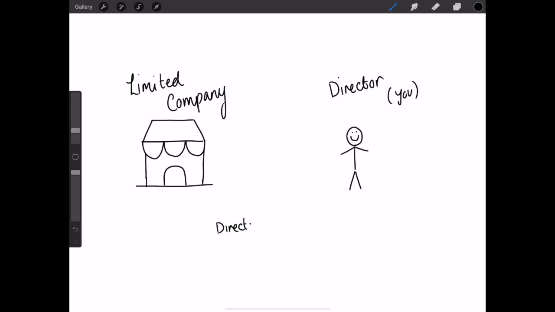That's where the director's loan comes into play, and that's where you should hopefully be able to understand the benefit of the director's loan. You see, let's take the same scenario, but as part of the limited company, we're now going to have our director's loan account. The easiest way to think about a director's loan account is that it's a part of your limited company, almost like another bank account within your limited company.